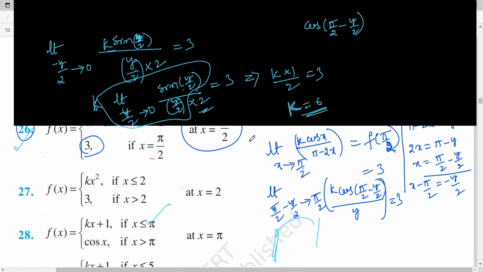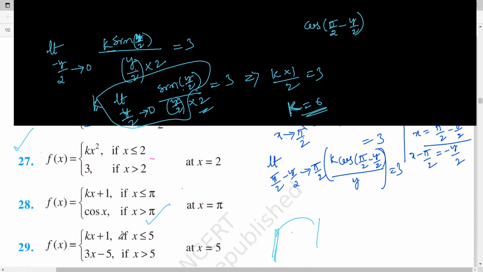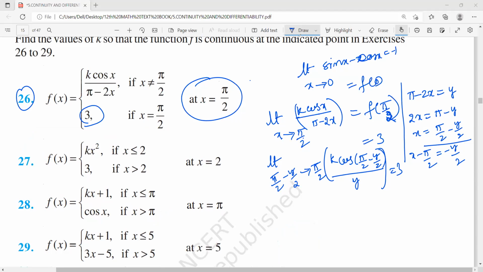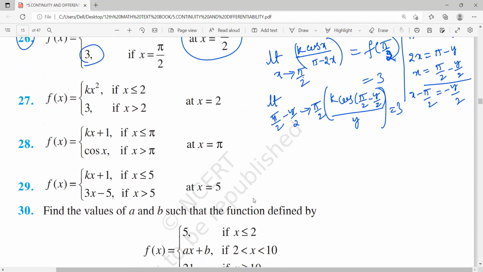Kx square, that is direct, no? Next, what else? 27, kx square means what?